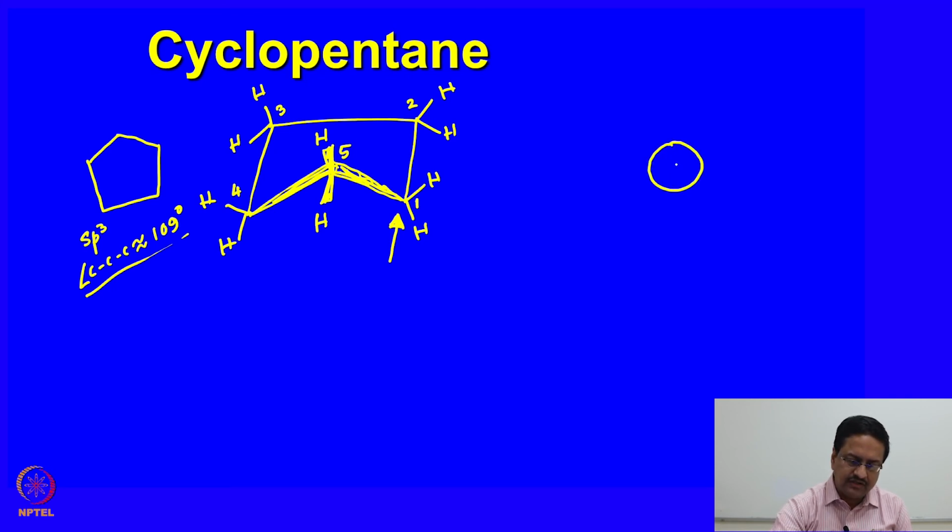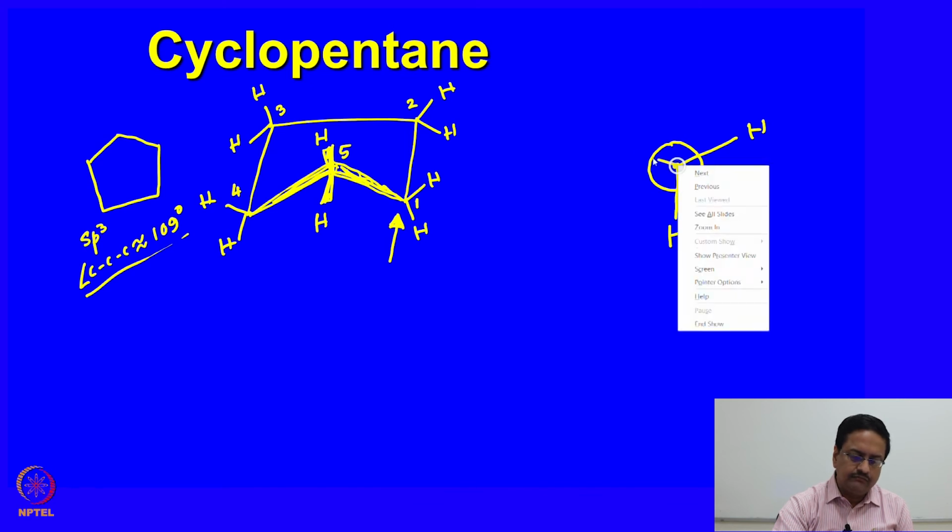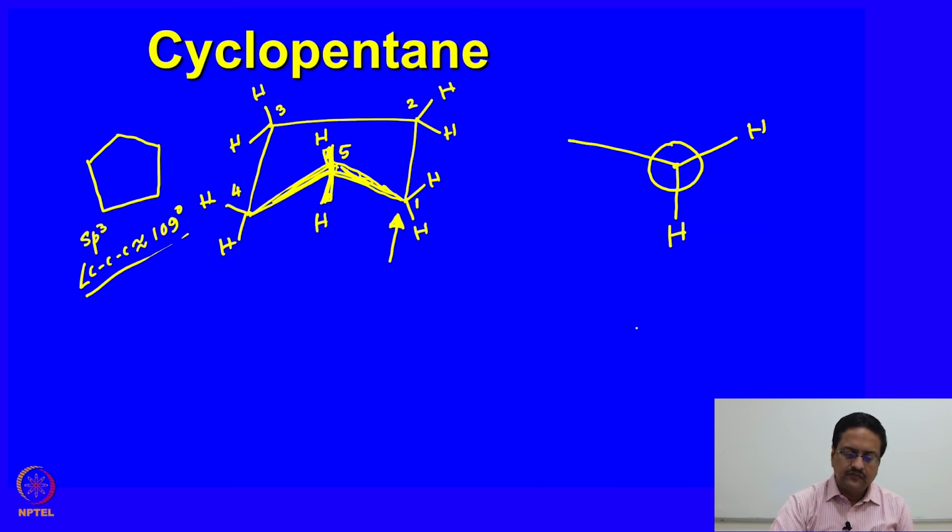the back carbon is number 2 and the front carbon is number 1. The front carbon has 1 hydrogen down and 1 hydrogen here, and then this gets connected to carbon number 5, then that gets connected to carbon number 4, and that carbon number 4 is in turn connected to carbon number 3, and then it is connected to carbon number 2.